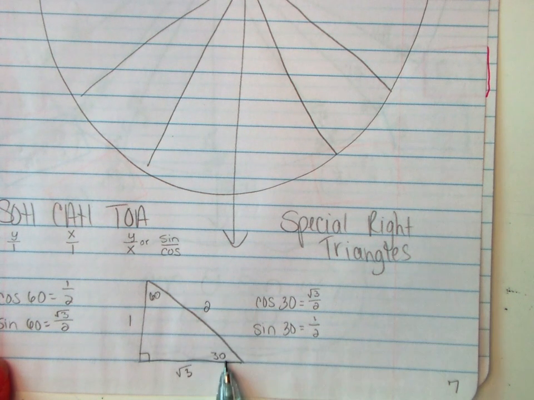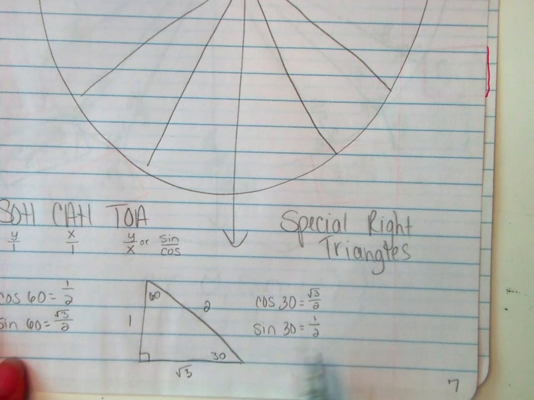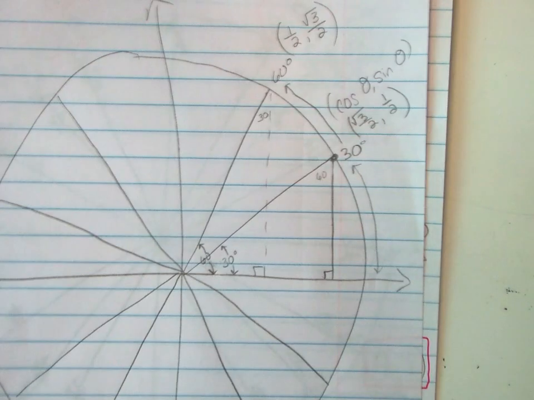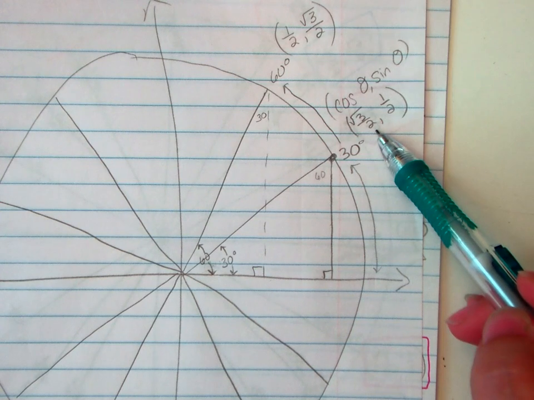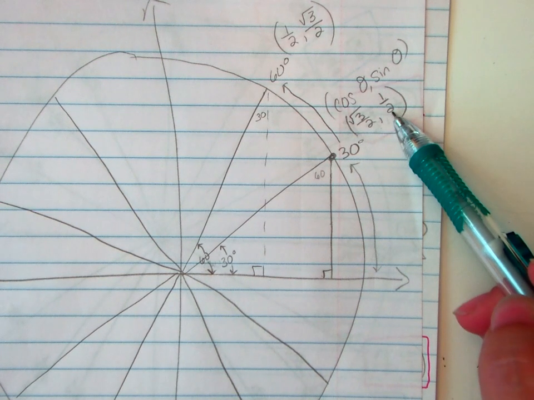The cosine of 30 is adjacent over hypotenuse, which is square root of 3 over 2. So my point for my 30-degree angle is cosine, comma, sine. So I have the square root of 3 over 2, comma, 1/2.